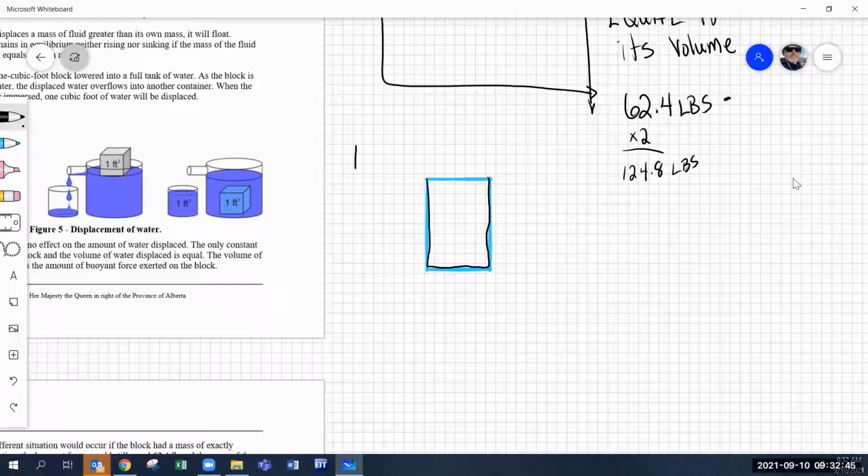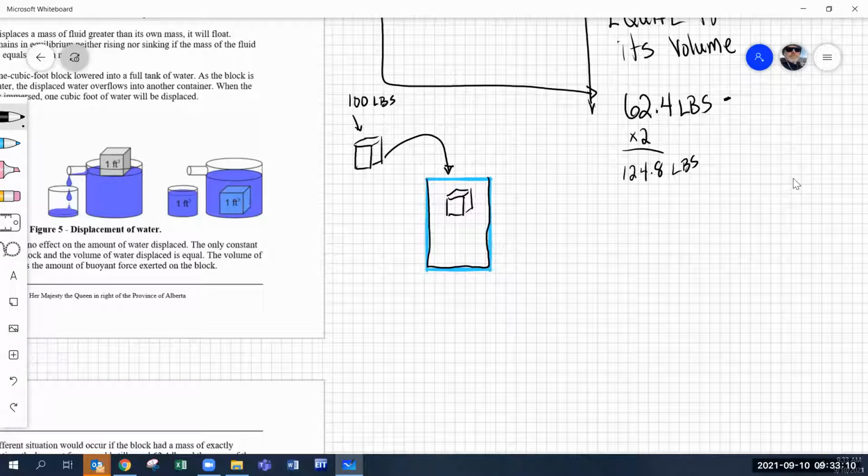And I took an object, and I'm going to say that this object weighed 100 pounds. I'm going to put that object in the water.